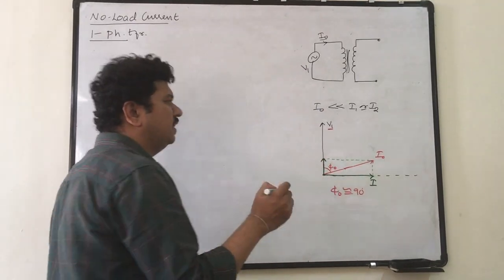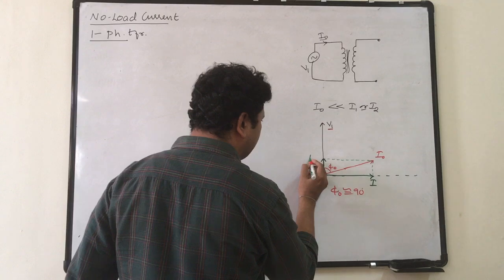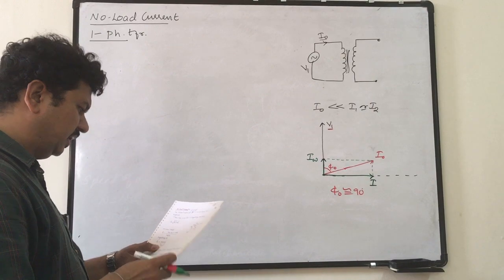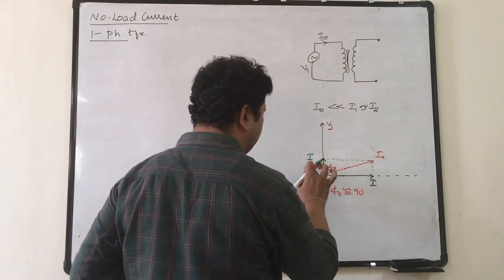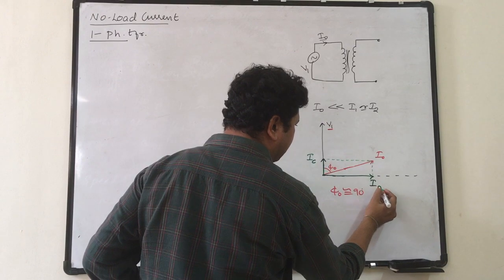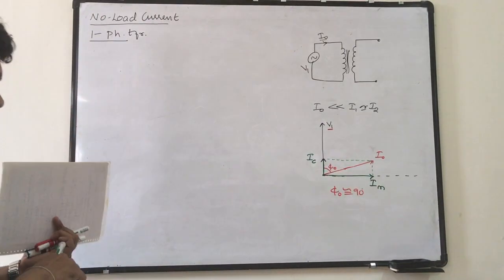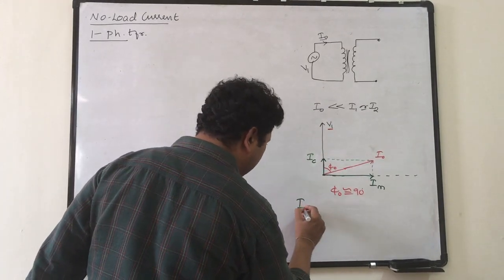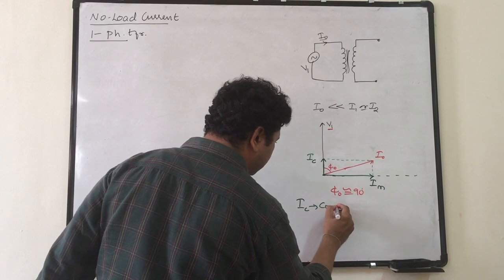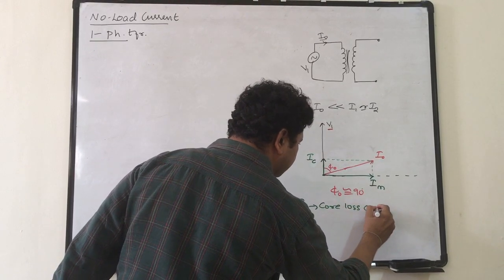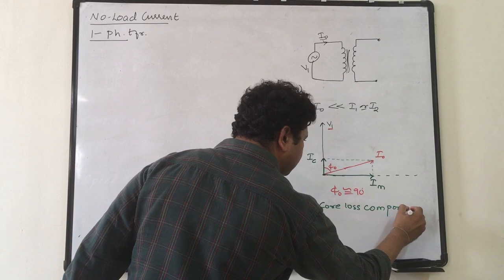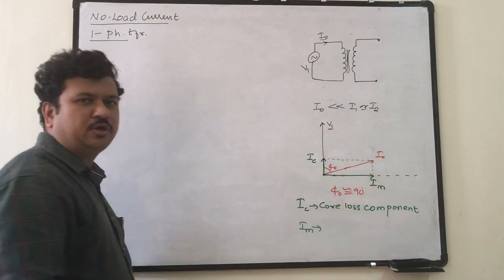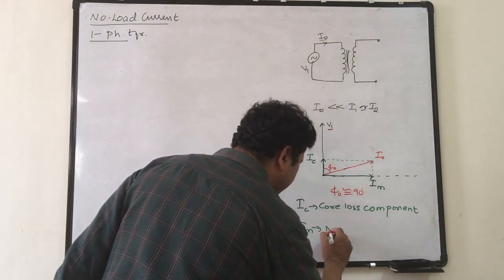The current component in phase with the voltage V1 is called IW or IC; here we have taken IC. And here this is IM. The component IC, which is in phase with V1, is known as the core loss component, and IM, which is at 90 degrees with respect to V1, is called the magnetizing component.